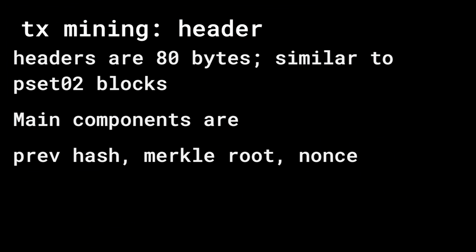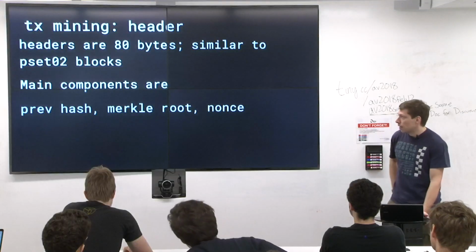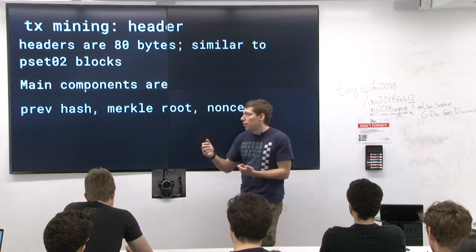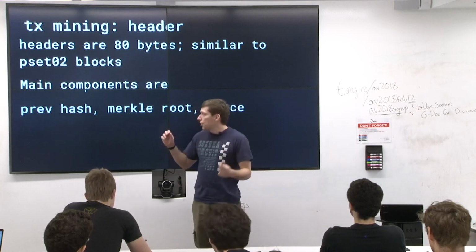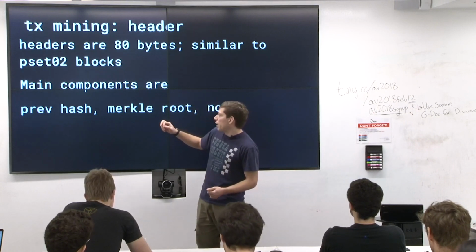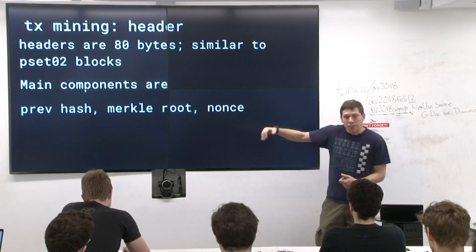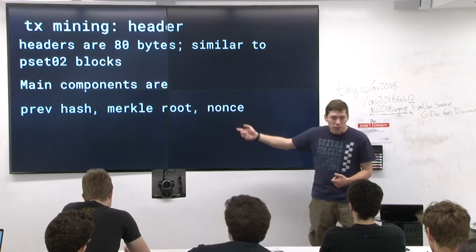The headers are 80 bytes, and they're actually quite similar to the blocks in problem set 2. So the main three components are the previous hash, the Merkle root, and the nonce. This is like in the problem set, right? You start with the previous hash, then you have data that you're actually committing to, and then you have some data that doesn't have any actual meaning, just to get the work done.